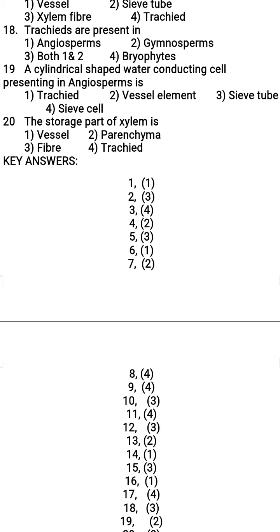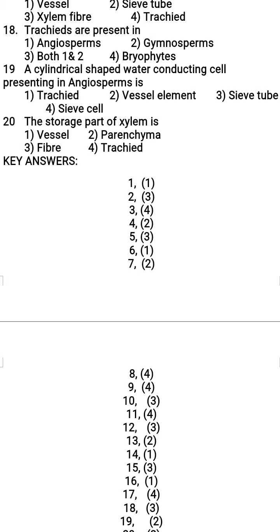Vessel members are interconnected through perforations in their common walls. Got it, everybody? This is a detailed explanation regarding this question. The correct answer is option 2, vessel element: cylindrical shaped water conducting cells present in the angiosperms, that is, in flowering plants.